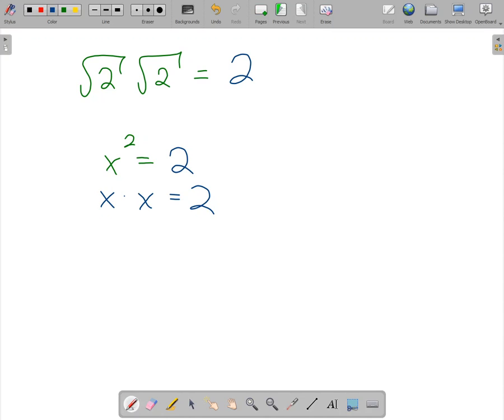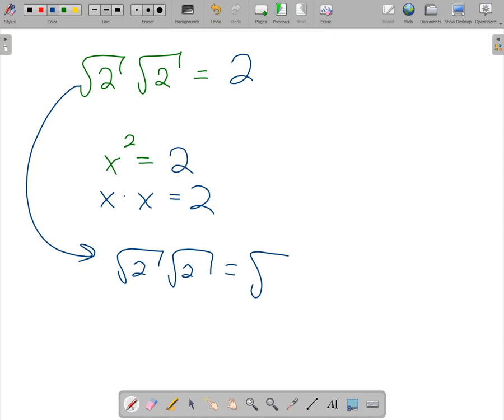Another way to think about it is square roots work nicely together. So if you take the square root of 2 times the square root of 2, that's the same thing as the square root of 2 times 2. Square root of 2 times 2 is what? 2.